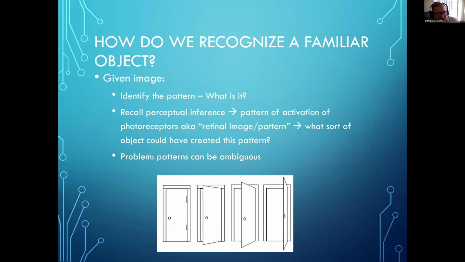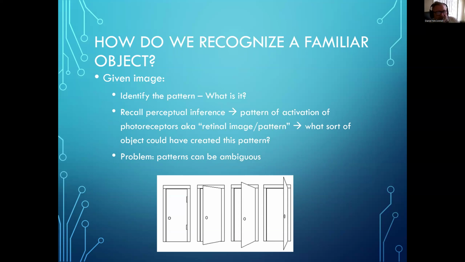The question is also framed here as, how do we recognize any object? Now, I specified here, how do we recognize a familiar object? But we also need to think about something here, which is, is there a difference between perceiving a familiar object versus perceiving an unfamiliar object?